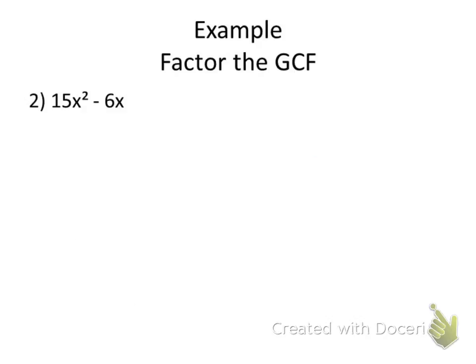All right, here's number 2. So go ahead and write this one down. As you're writing these down, get out your factor sheets if you haven't already, and compare the lists for 15 and 6.